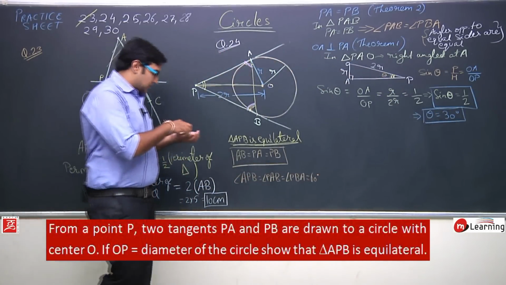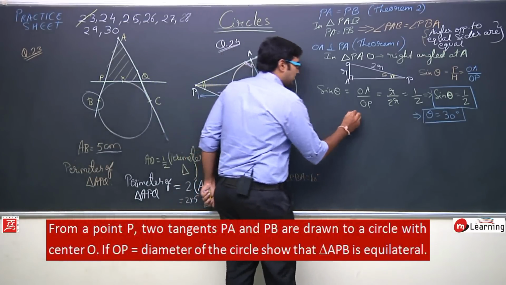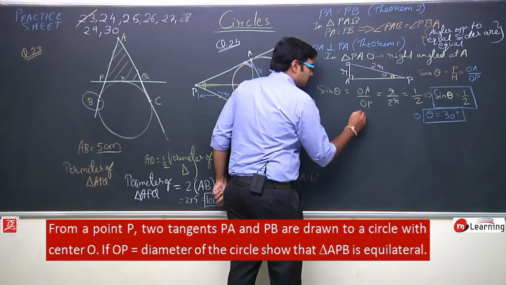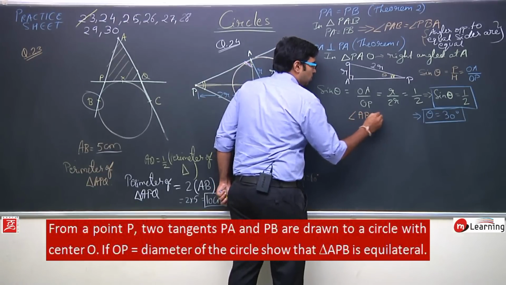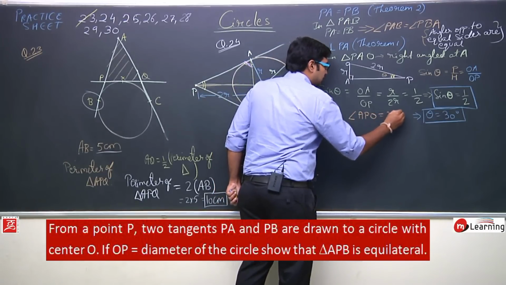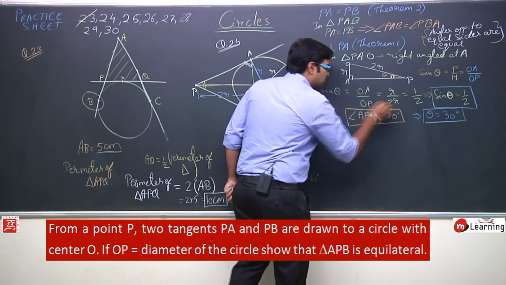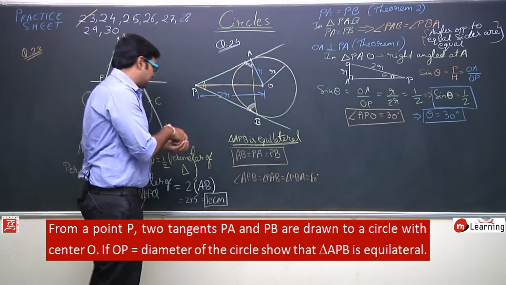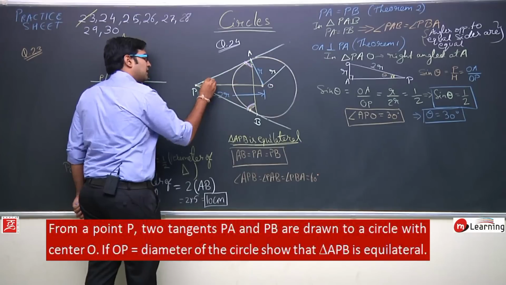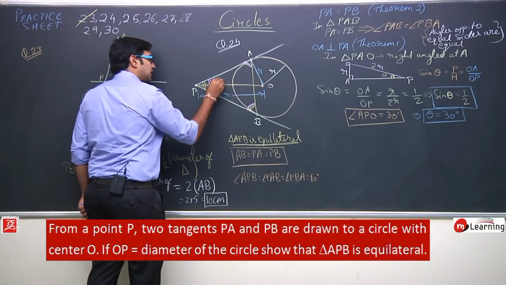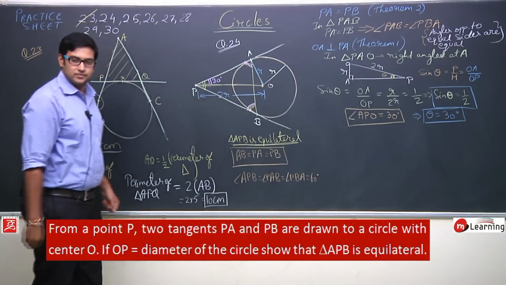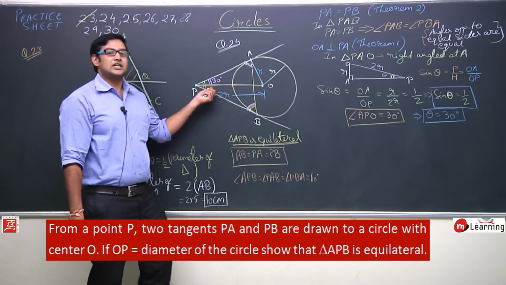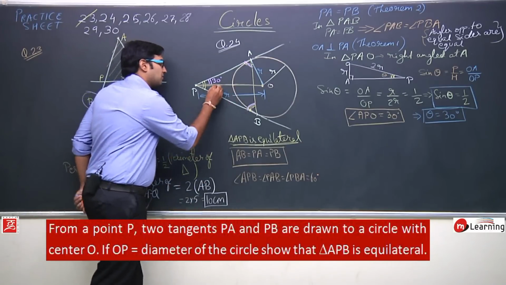It means theta, angle APO, is equal to 30 degrees. It means this particular angle is 30 degrees. Now this angle is 30. What about this angle?